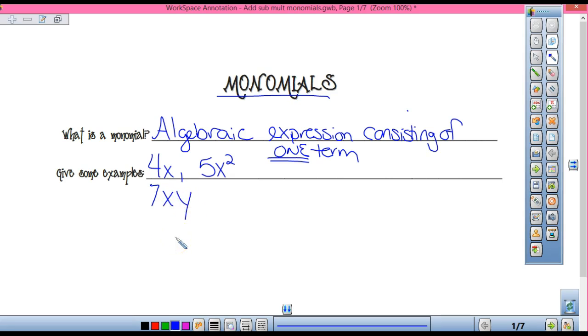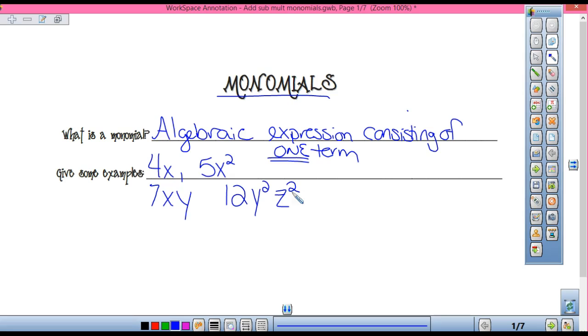Notice how it's all bunched together with multiplication. 12x squared or y squared, z squared. Okay, that's all an example of a monomial. Anything that looks like that.